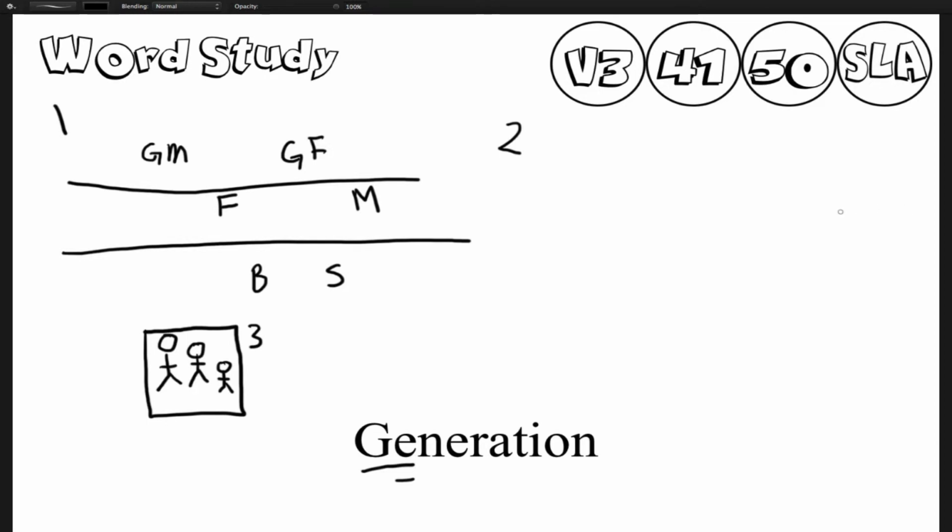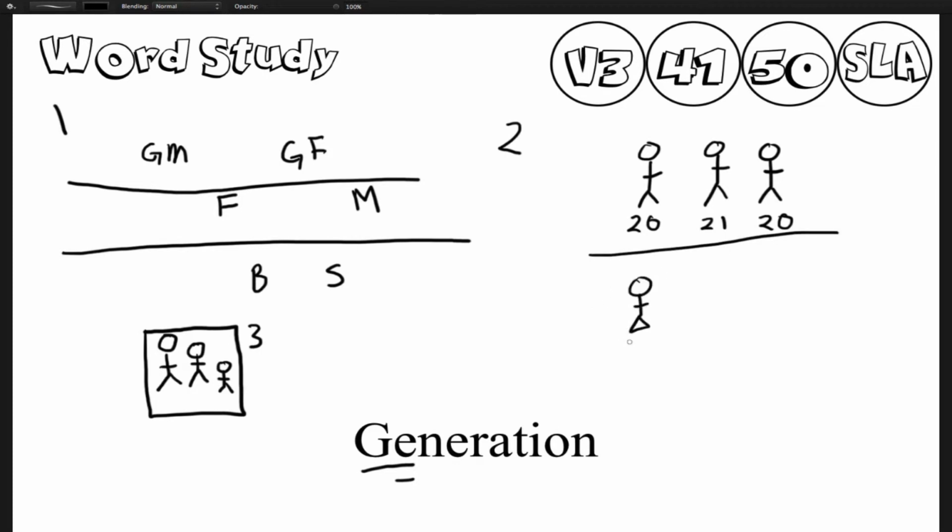Generation is also used to talk about people not in your family. These people are all around the same age. So we say that they are a part of the same generation. This person is 20, this person is 21, this person is 20. They are in the same generation.